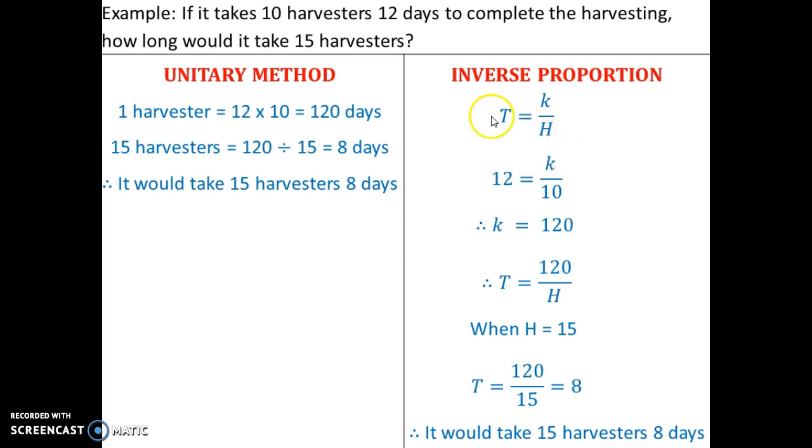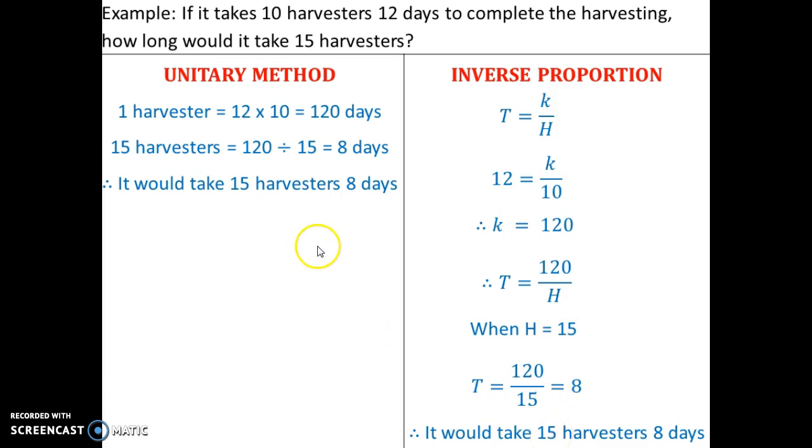So putting in the information that we know, we have 12 days and we have 10 harvesters. Then multiplying the 10 across the other side, and we get our constant of proportionality of 120. Put that back into our equation, and then you go, okay, how long will it take for the 15 harvesters? So divide by 15 and you get 8, so it will take 8 days.